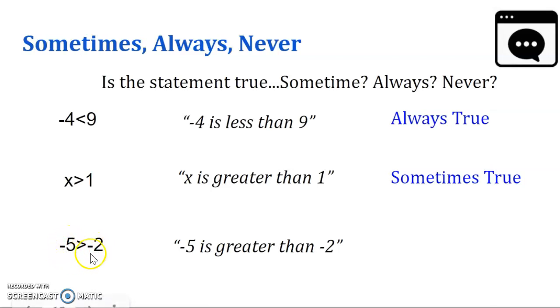That's the tricky part with negative numbers: the bigger the number itself, we're really talking about the number being more negative, which means it is a smaller number. So negative 5 is a smaller number than negative 2. So negative 5 is not greater than negative 2. So this is never true.